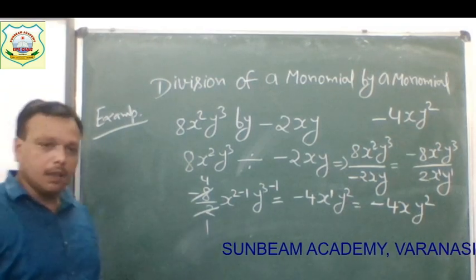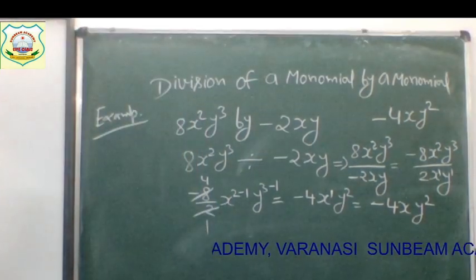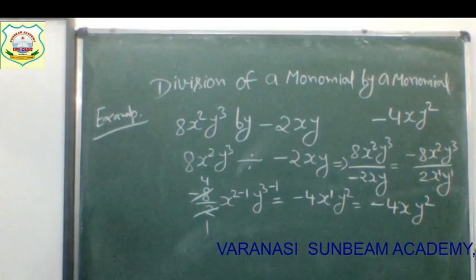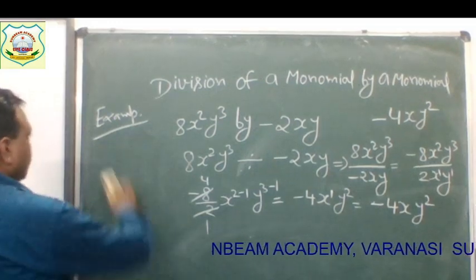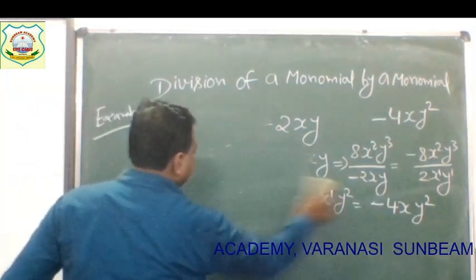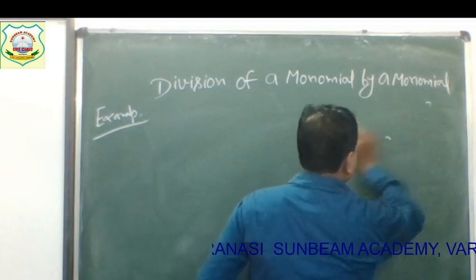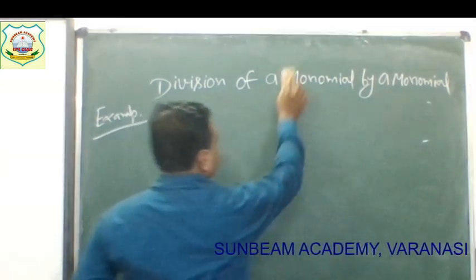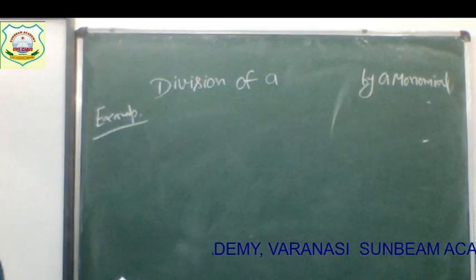Okay students, clear? Next rule is given: division of a polynomial by a monomial. Students, see here, I think you understood? Next example I am taking.